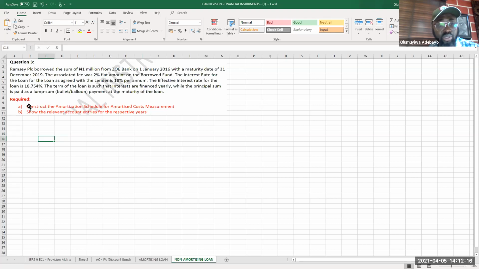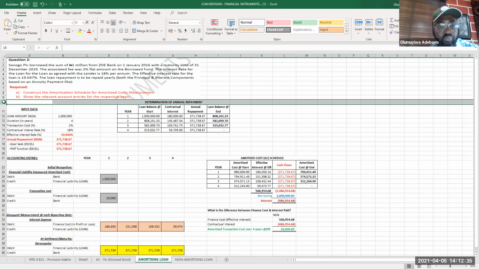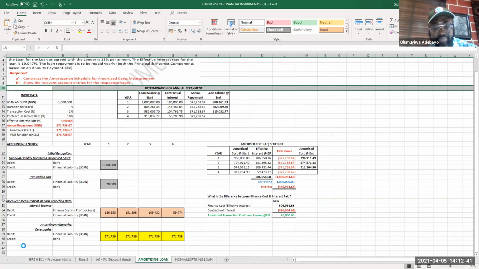We are required to construct the amortization schedule for the amortized cost measurement, and we have to also show the relevant accounting entries for the respective years. What I'll do first is to just copy what I have here, which is more or less like a template.